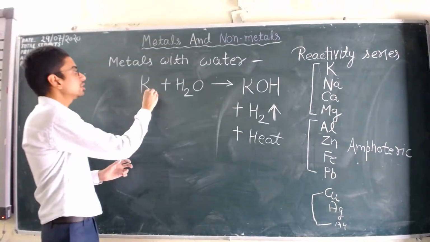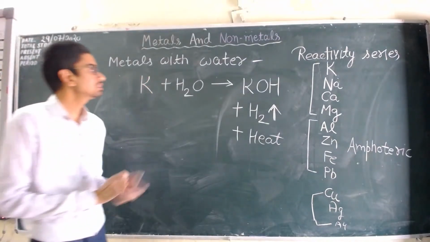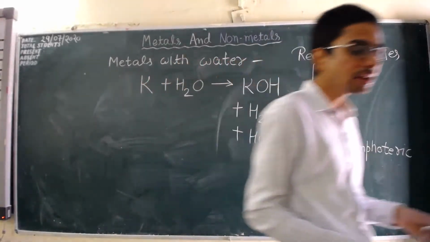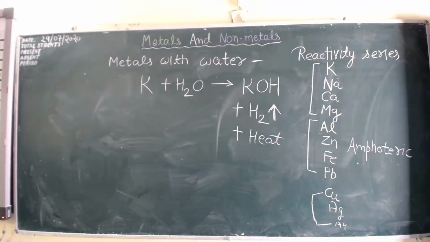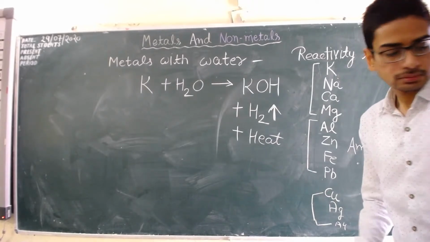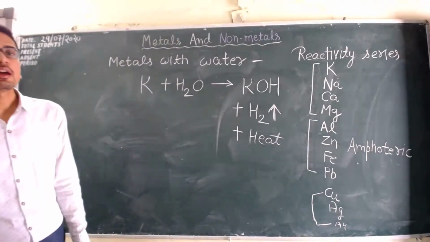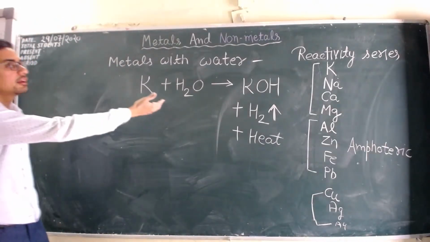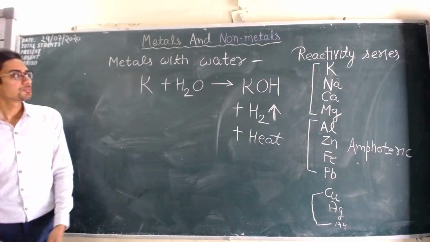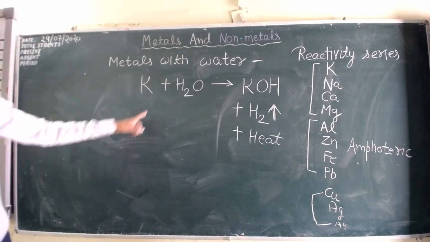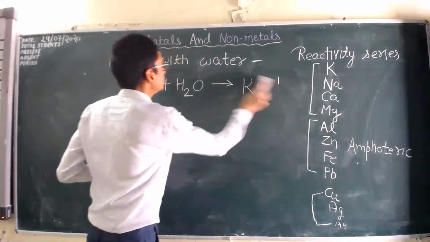So this reaction is very exothermic. Okay, similarly with sodium, you can write the same reaction. Like sodium and potassium catch fire in open air, they also catch fire in water. Okay. So this is the reaction of highly reactive metal with water.